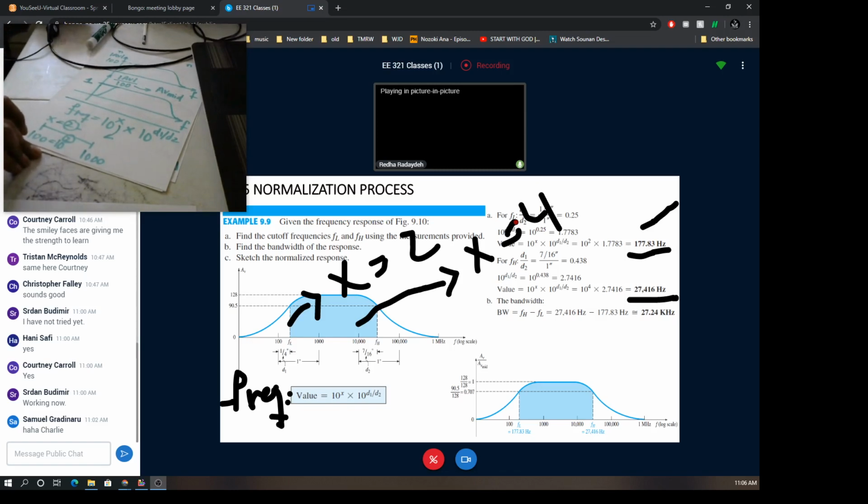Any answers for part A? By the way, the higher cutoff frequency FH should be in kilohertz, not in hertz.